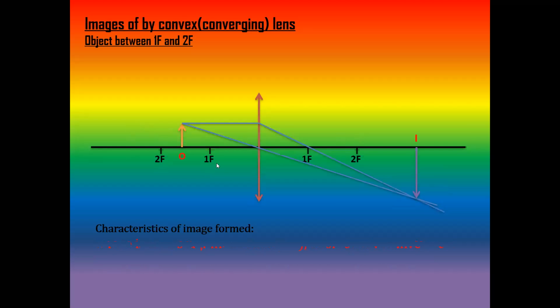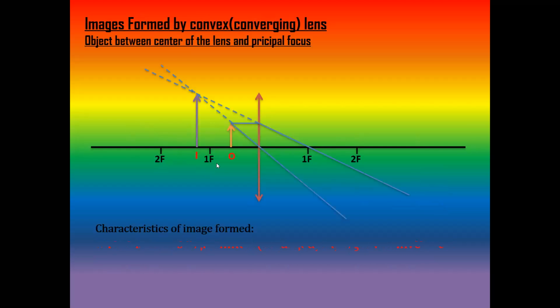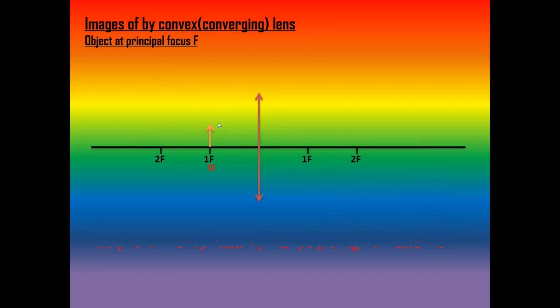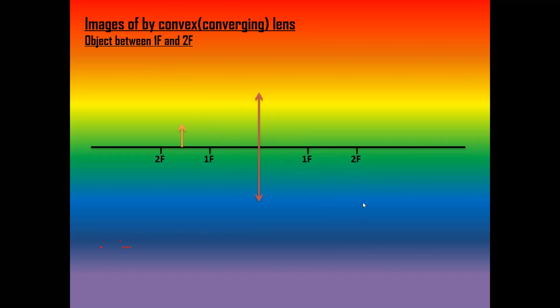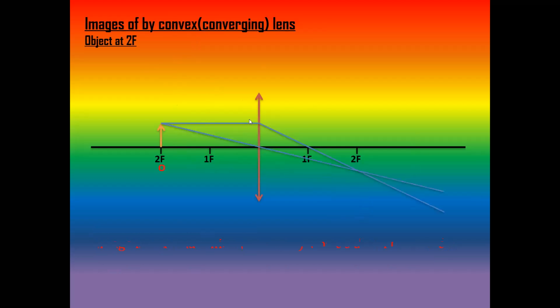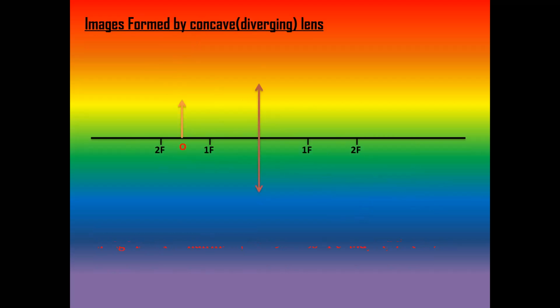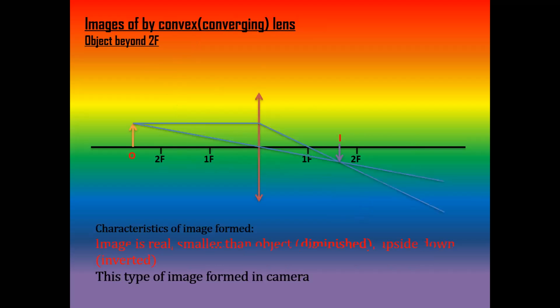And what pattern do you observe? For real images, when the object is closer to the lens, the image is away from the lens. When the object moves away from the lens, the image forms closer to the lens and the size of the image decreases. This is for the converging lens only; it's not there for the diverging lens.